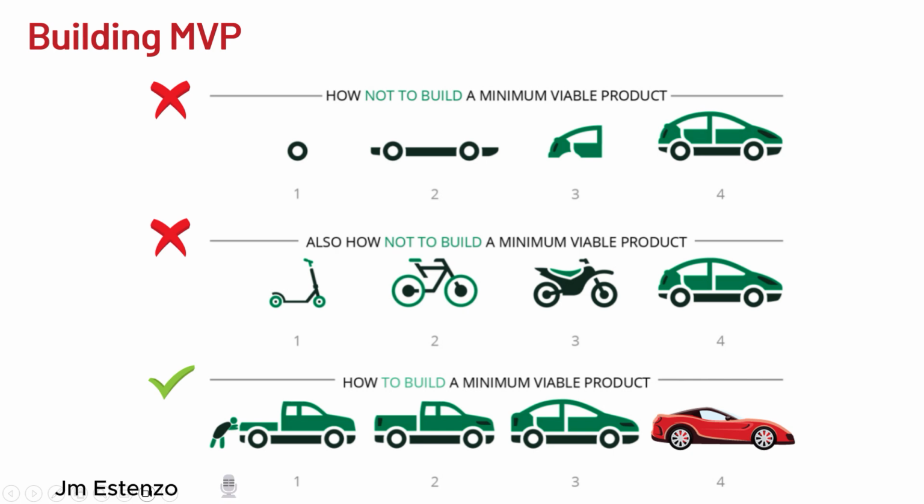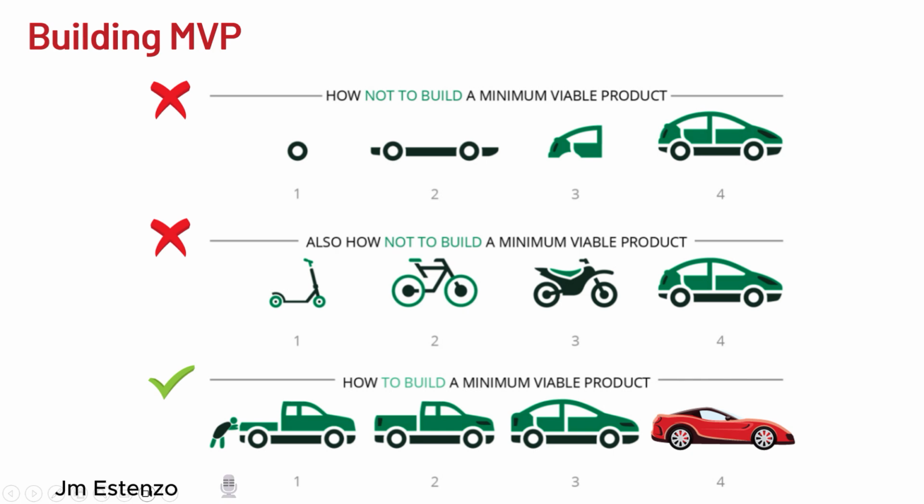It has wheels, an engine, and it can transport people and goods from point A to B. It's viable, it meets the core customer need for transportation immediately. The customer is using the product, so the feedback we get is real and actionable. They can tell us the engine is too weak or the seats are uncomfortable.